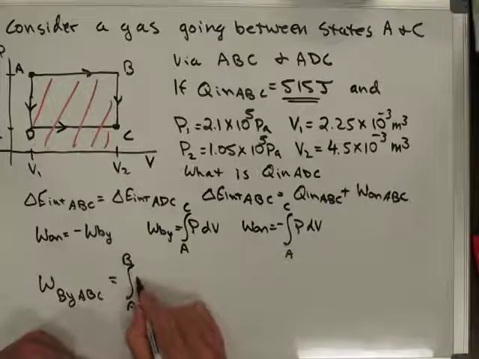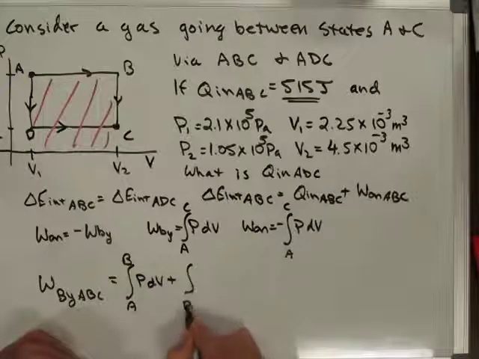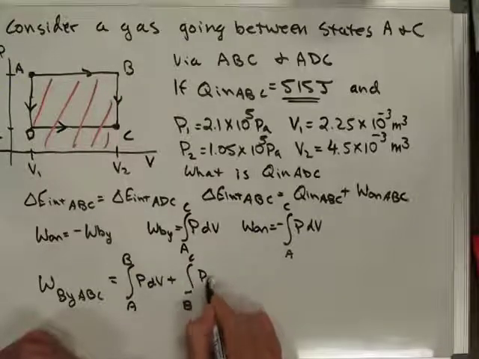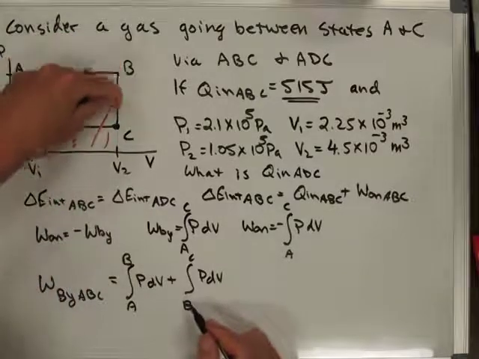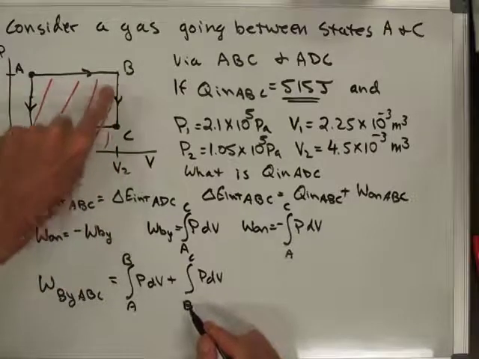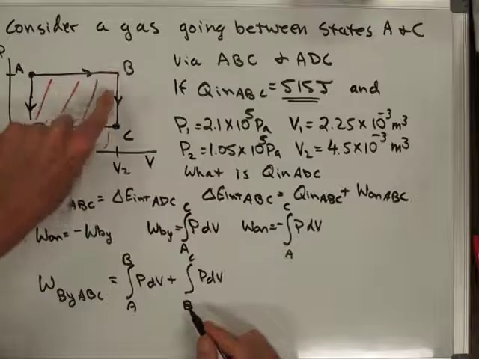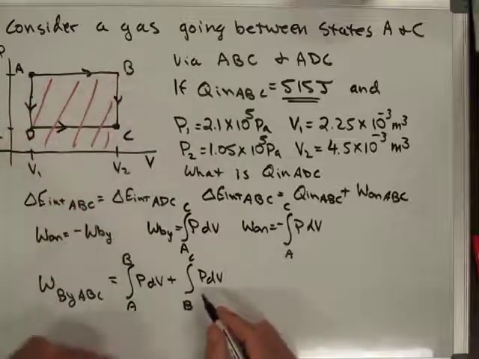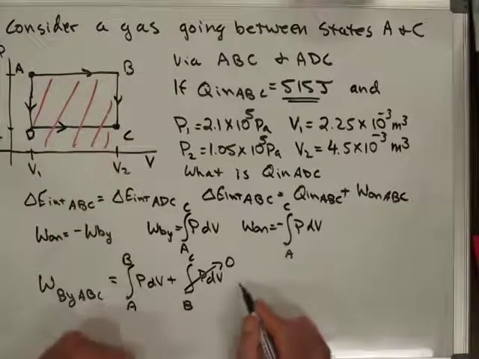It's the integral from A to B of P dV plus the integral from B to C of P dV. And I'm just going to say right away that going from B to C, there's no change in volume. This is an isometric path, or isochoric, depending on which word you want to use. And there's no change in volume, and so no work is done along that path. The work is done along this path.